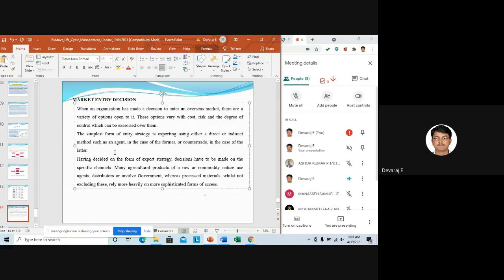Okay. So in case of a farmer, counter trade should be there. What is counter trade? Can anyone tell me? What is trade then? See, trade is nothing but the action of buying and selling goods and services.